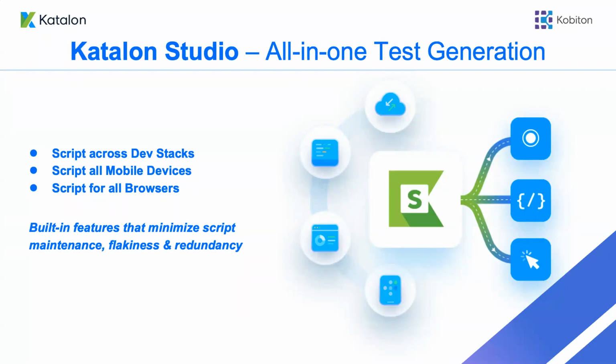Katalon allows you to create your scripts once and use them across the different development stacks. You can have the same tool that enables you to have tests that run and validate your APIs. It has the ability to have scripts that run across and test your different UIs. It has the ability to actually access databases and things of that nature.